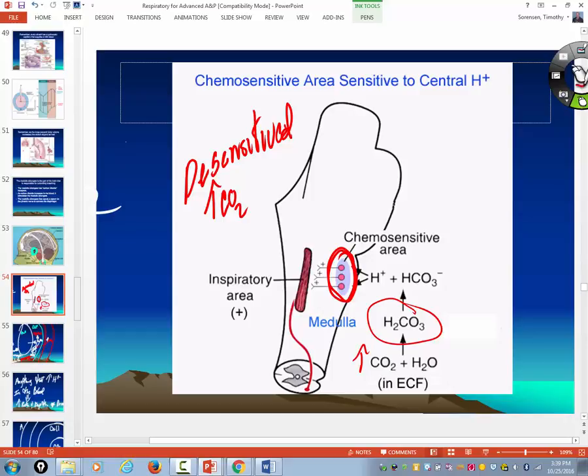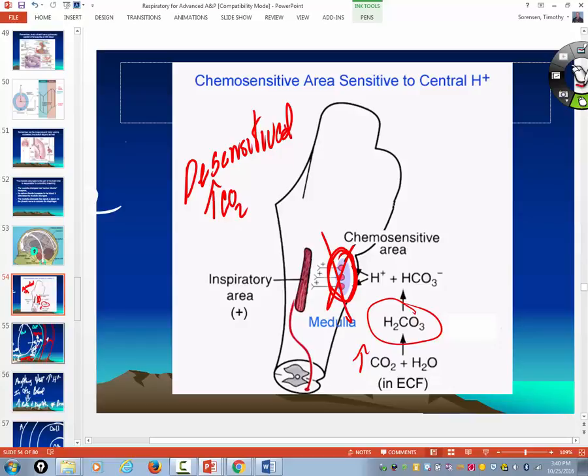So over time, the medulla just says, look, you're always building up CO2. I'm not going to believe it anymore, so I'm just going to ignore it. So the medulla doesn't really become the primary respiratory center.